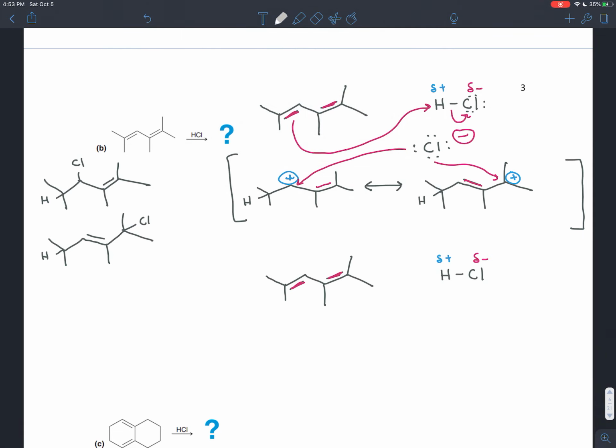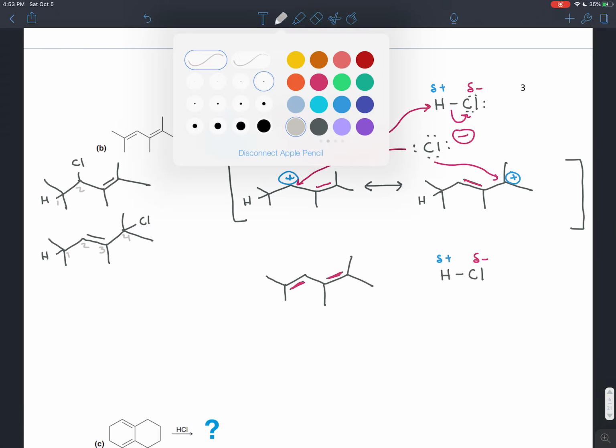And just to keep up with that terminology, if the hydrogen and the chlorine are attached right next to each other, that's the 1,2 product. If they're attached far away, then it's the 1,4 product. So you end up getting those two products if this first pi bond attacks the hydrogen. What happens if the second pi bond attacks the hydrogen?